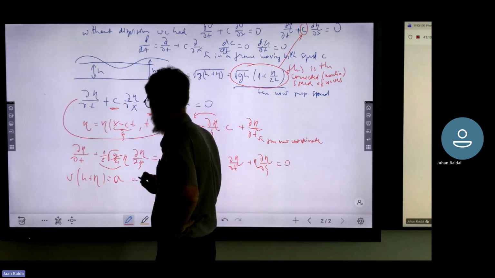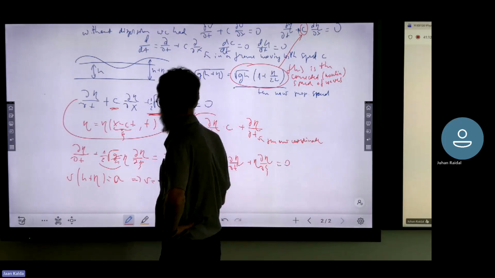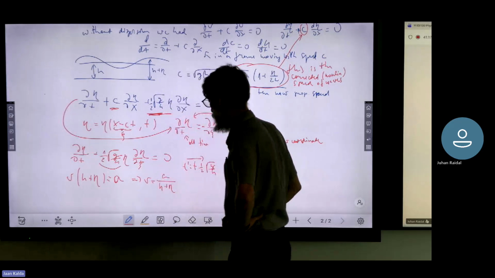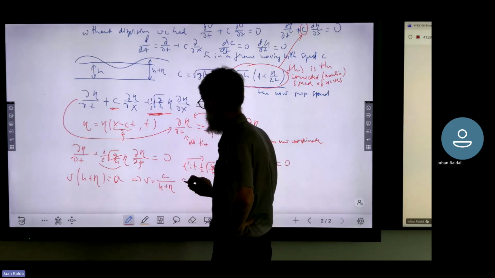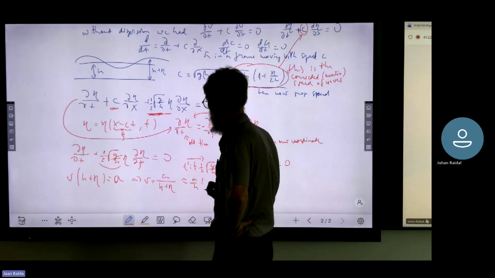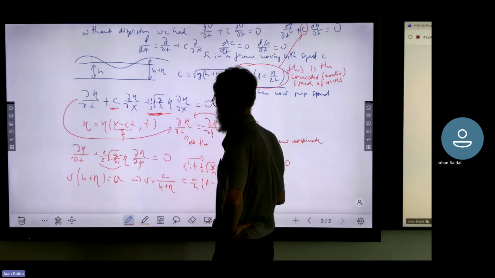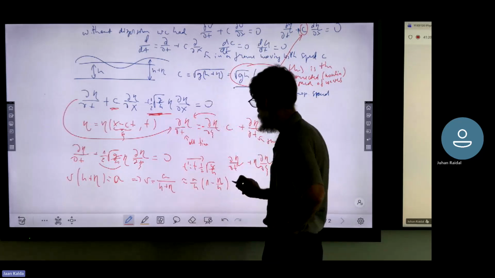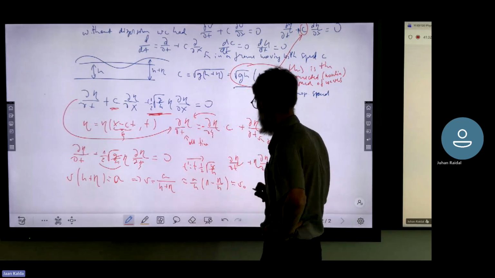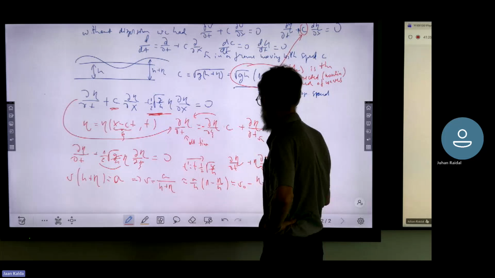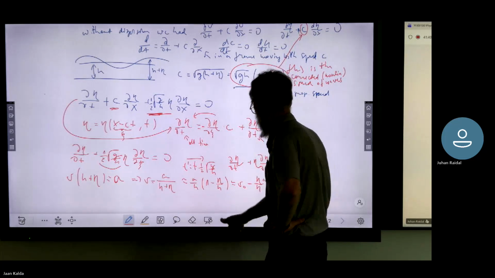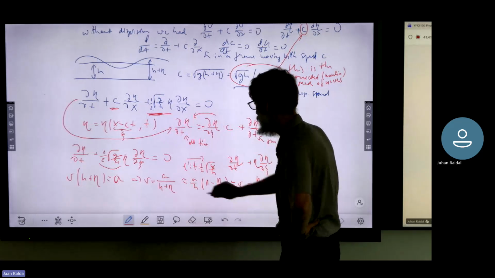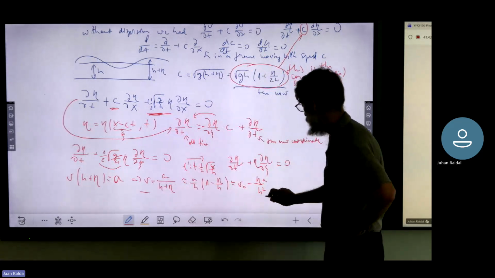Then we can say that v is a divided by h plus eta. So basically that can be linearized. This is a divided by h multiplied by 1 minus eta divided by h. So this is a certain constant v naught minus eta a divided by h squared. So we have v expressed in terms of eta.